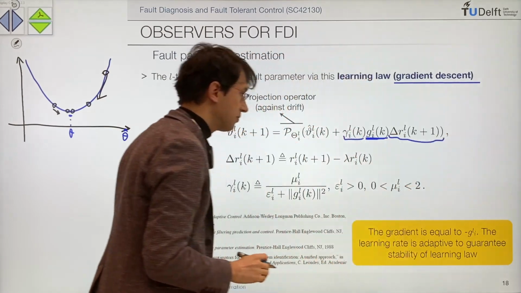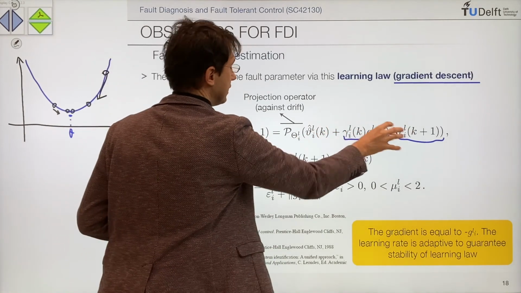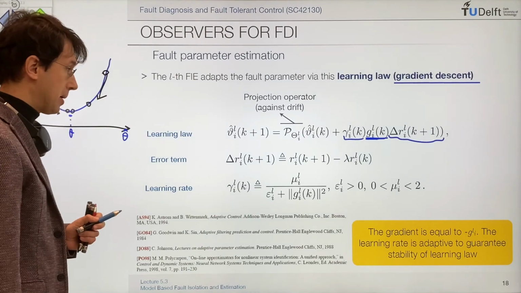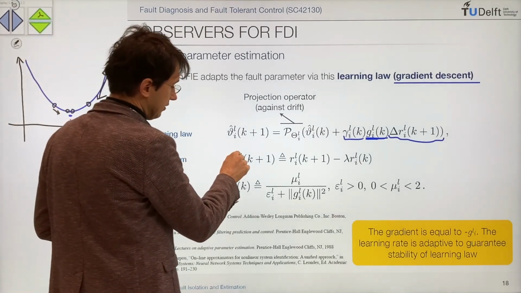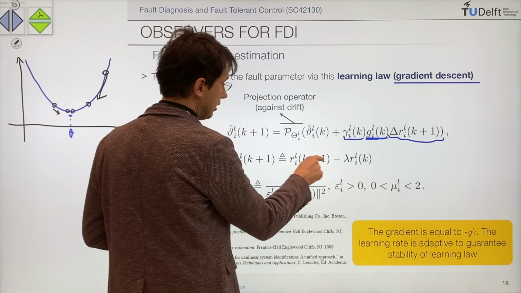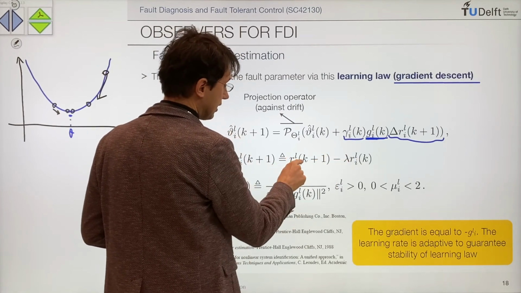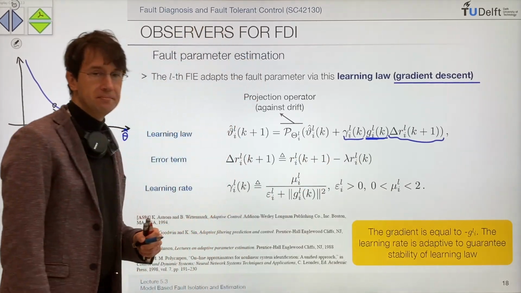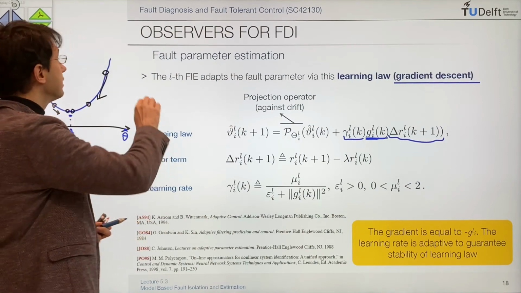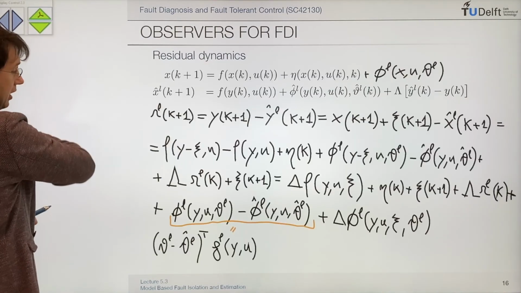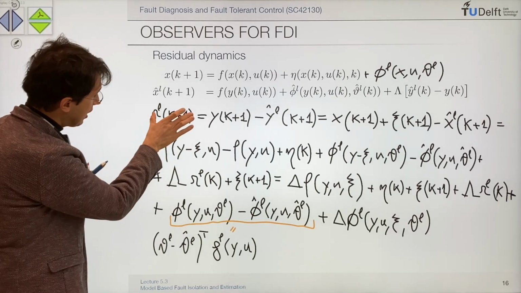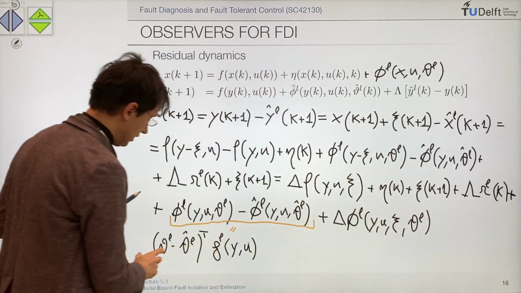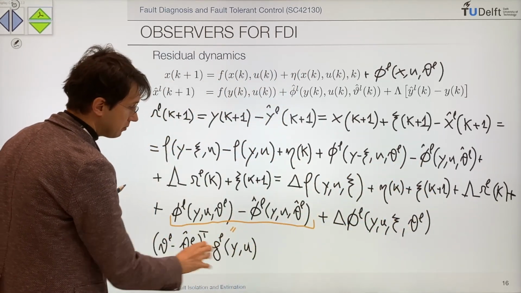delta r. And this delta r is the thing that is big when I am far away and small when I'm closer. Why? Because delta r, defined here, is equal to r at time k plus 1 minus lambda r at time k. Why do we have this term? The answer is in the dynamics we have written out before. You see that r at time k plus 1 is all this stuff, including this term due to the learning error.